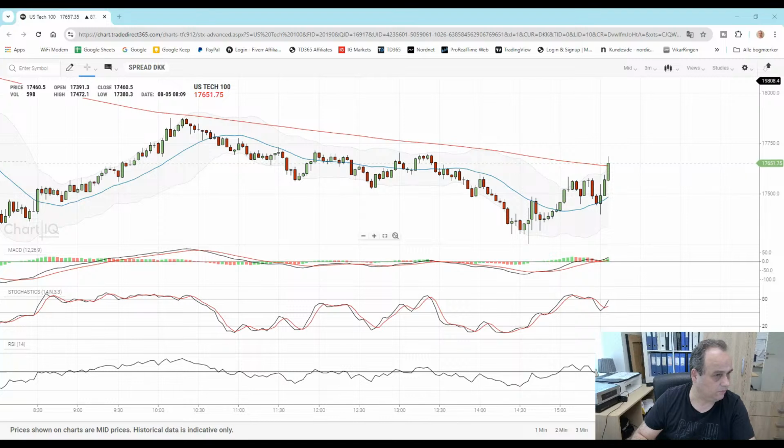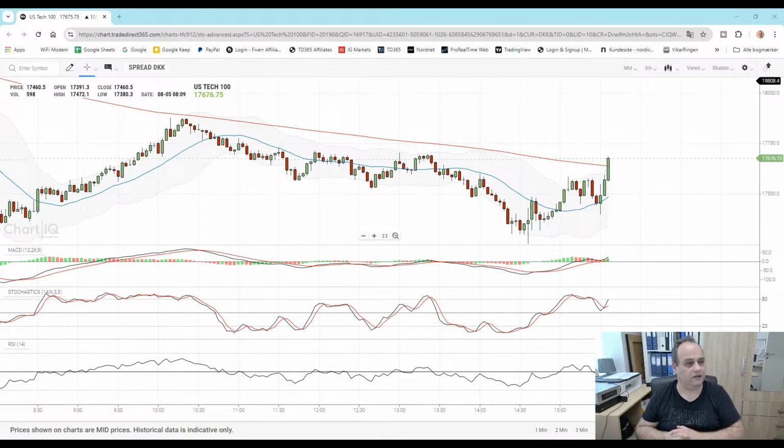The Meta is still pushing. Yeah, the Meta and the NVIDIA, these two stocks were actually building quite a momentum since the opening. But these are also quite crazy circumstances.